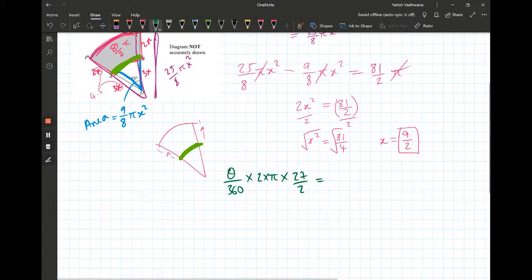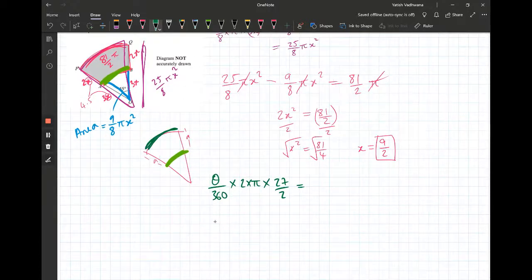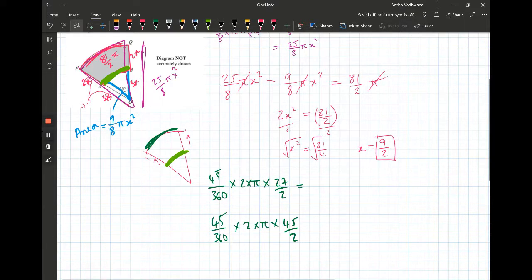And then the big arc is going to be theta over 360 times 2 times pi times the big radius, so it's 5 times 4.5, which is 45 over 2. Now theta we know is 45. So I'll put those in the calculator. You get 27 over 8 pi is the small arc, and 45 over 8 pi is the big arc.